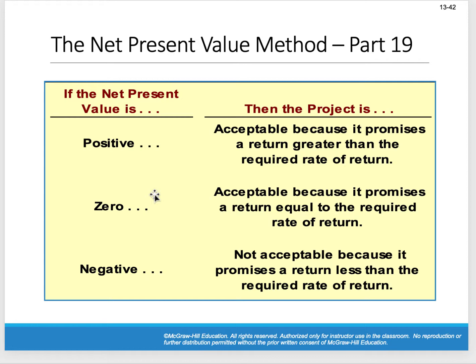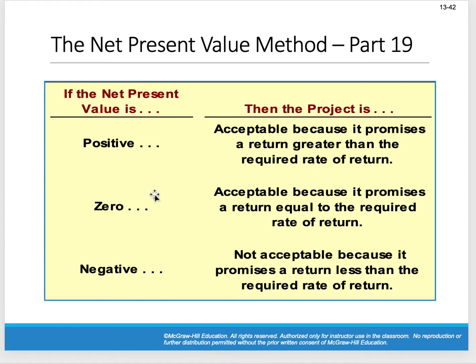Okay. If the net present value is 0, you still accept. Why? Because that means that the rate of return that we require is equal to the return on this project. Negative, we're always going to reject. Why? The reason is, number one, it's unacceptable, but why is it unacceptable?